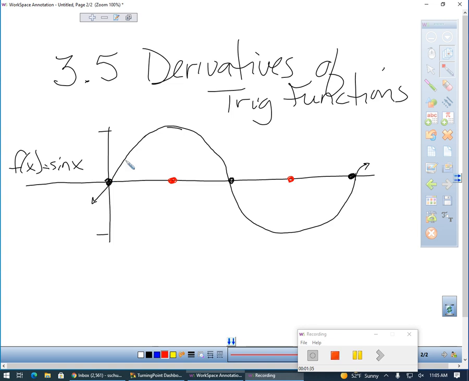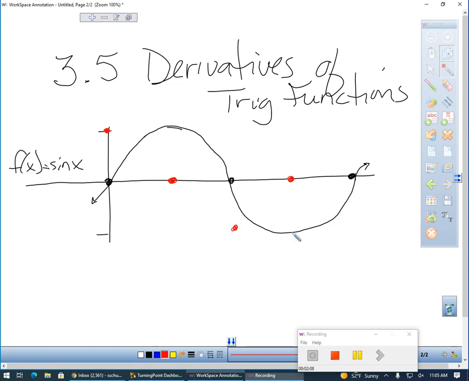From this side to our maximum, is our slope positive or negative? Positive. It looks like it's the slope of like 1, right? So I'm going to put it up here at 1. Now, from our maximum to our minimum, our slope is negative. Absolutely. So I'm going to say this one at this point is probably a -1-ish.